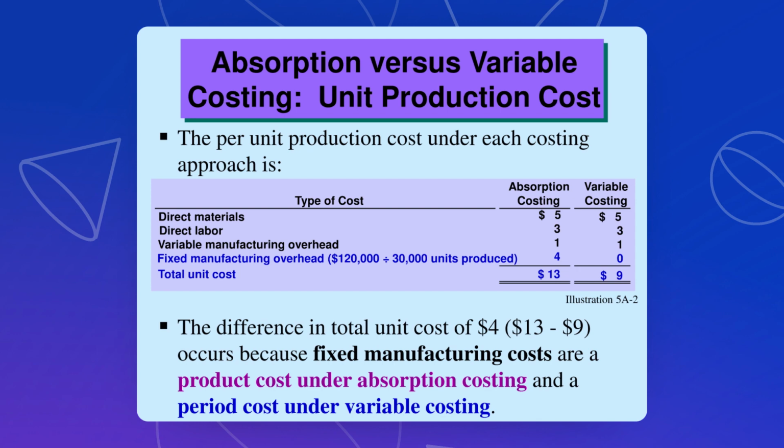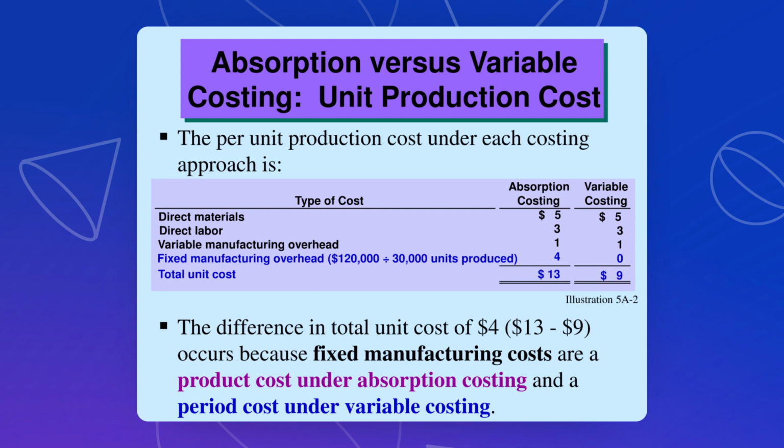Alright, and please take note of the blue font. The fixed manufacturing overhead, which is 120,000 divided by 30,000, is part of your inventoriable cost in your absorption costing. Okay, how about in terms of your variable costing?